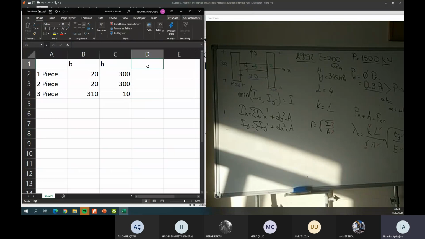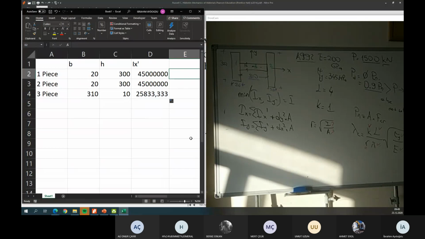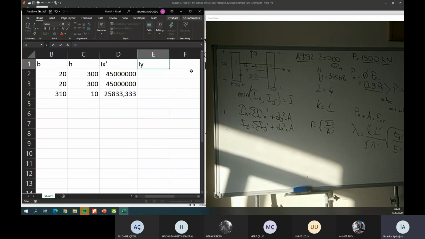Okay, so I want to start with Ix prime. What is the Ix formulation? Do you remember? b times h cubed divided by 12. Yes. So this is the moment of inertia about the x-axis. Okay. What about Iy prime? It is the reverse one.